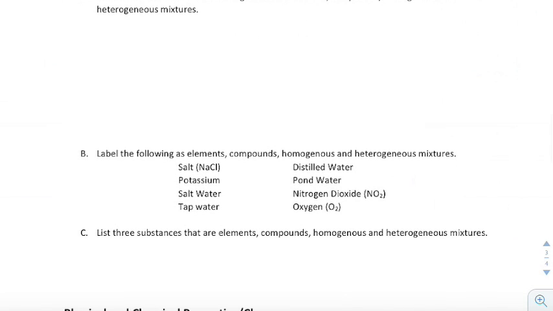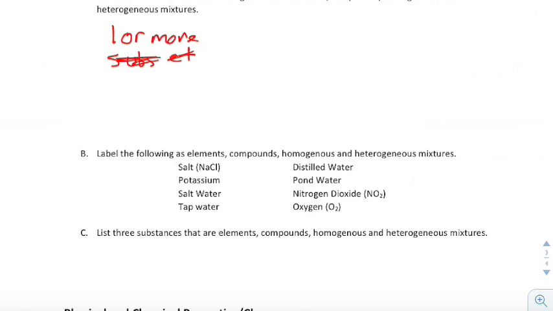Okay, next it says draw a flow chart for all matter using the terms elements, compounds, homogeneous and heterogeneous mixtures. The first thing we want to do is start out and divide: is it an element or is it a compound? Or is it multiple elements? So we ask ourselves, does it have one or more elements?